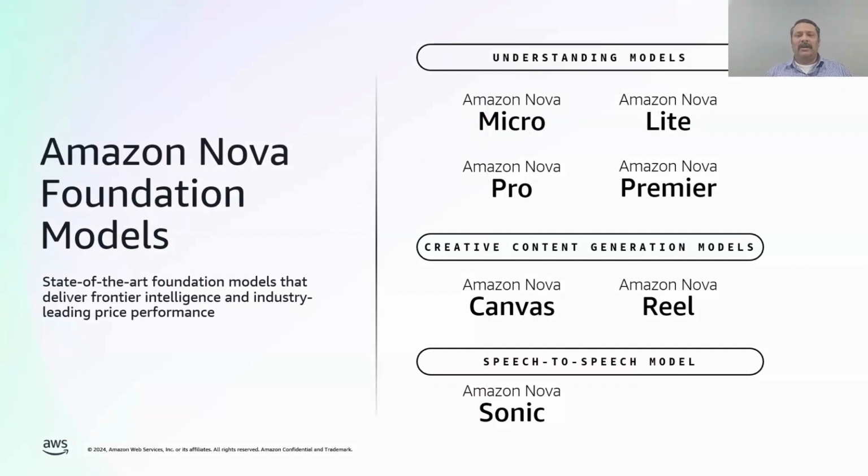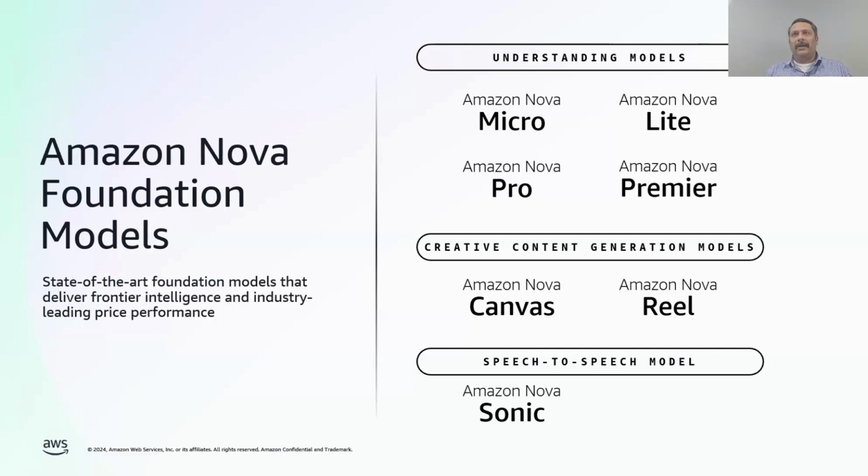Nova Micro is a text-to-text model that delivers the lowest latency responses at very low cost. Nova Lite is a very low-cost multi-modal model that is lightning fast for processing image, video, and text inputs for lightweight tasks.